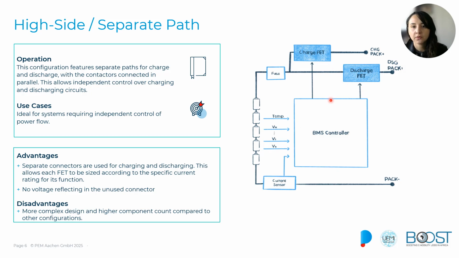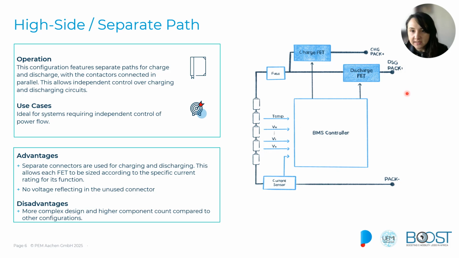But another advantage is that as we have two paths, the unused connector remains electrically floating, and when it is not in use, it will not present any voltage. So for instance, if we are not charging, we can completely disconnect the charge path, and in that way there is not going to be any voltage here, and this reduces the risk of accidents and also the risk of electric shock, for instance.